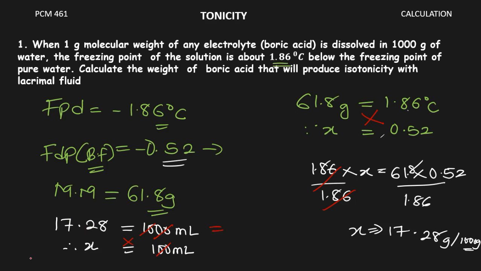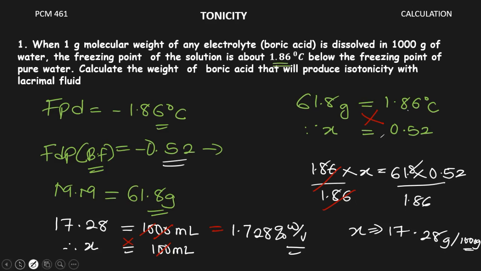It's going to give me 1.72 percentage. Are you getting it? Weight by volume. So this is the amount of boric acid that is isotonic with body fluid: 1.728 percentage by weight. Is that okay?